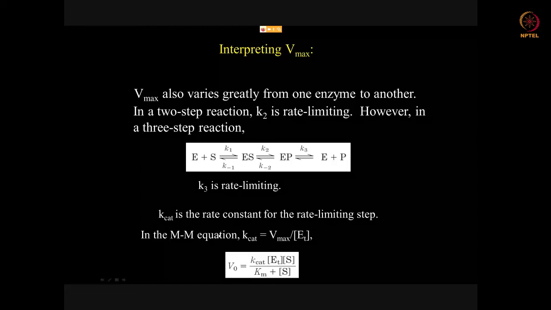So in the Michaelis-Menten equation, if we go back, Kcat will be equal to Vmax by Et. So in the Michaelis-Menten equation, you have K2, and that K2 is Vmax by Et, and if you substitute, then you get this situation.